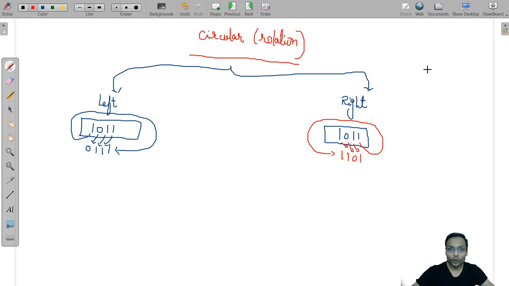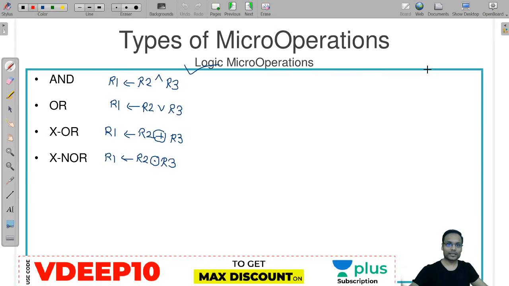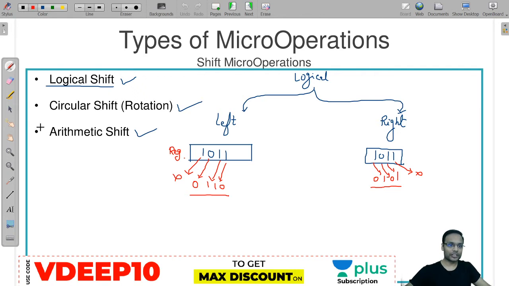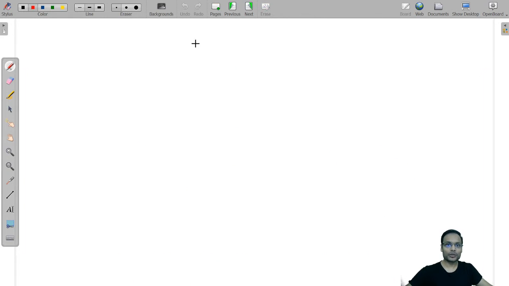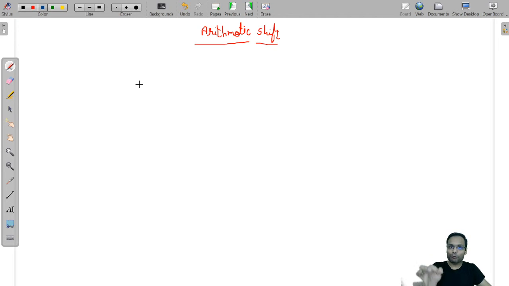Okay, so let's go further and try to understand the third type, arithmetic shift. Before we understand the arithmetic shift, we need to understand a few things here. Arithmetic shift can be performed on the signed value only.